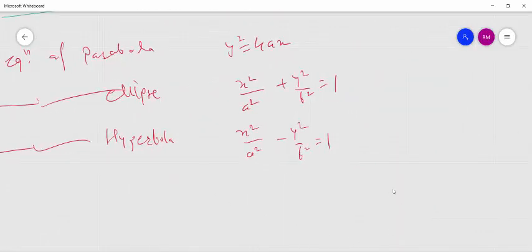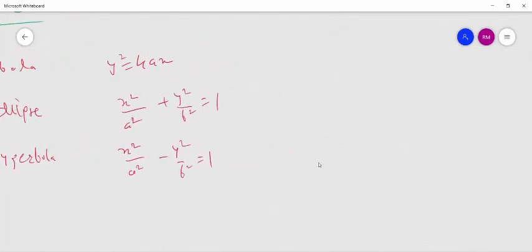Now if you talk about the graph, the parabola is symmetric about the x axis, which means x is always positive whatever the value of y.